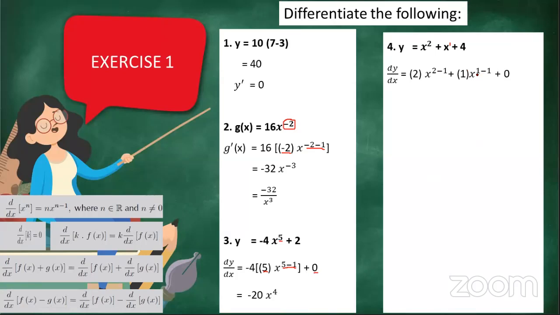Hence we have 1 minus 1, and we multiply by 1 here. The derivative of 4 is 0. Our answer is 2x, because 2 minus 1 is 1, and x to the power of 0 is 1. Do you see why you need to see that this is raised to the power of 1? Because if you didn't see it, you would simply eliminate it. So it's good to know that it's raised to the power of 1, so that it's 1 minus 1, and anything raised to the power of 0 is 1.